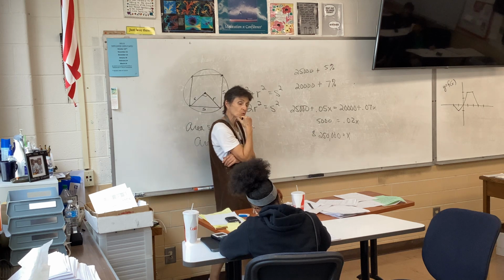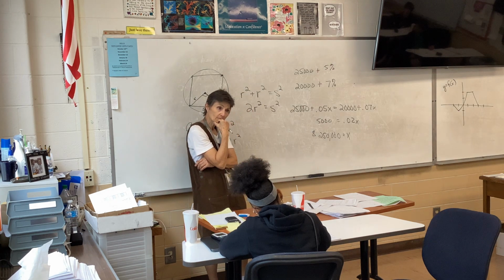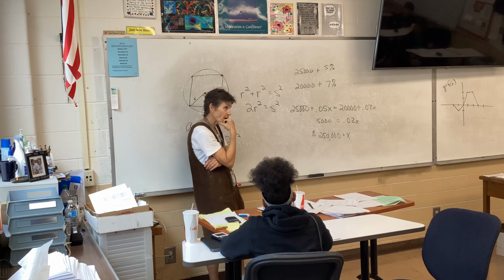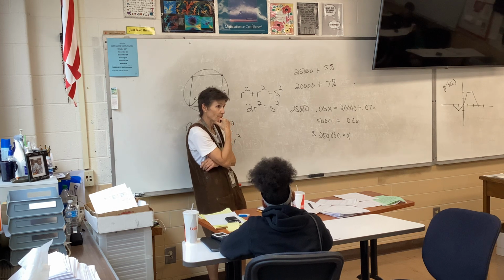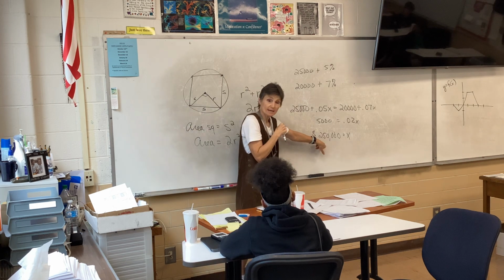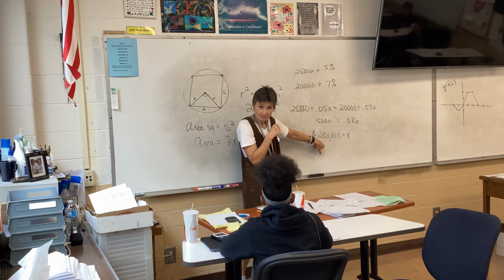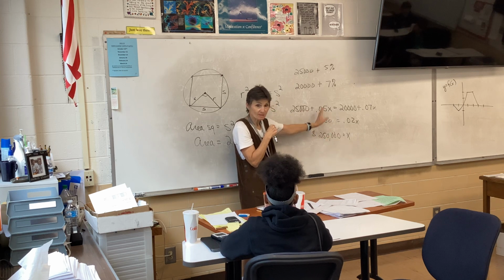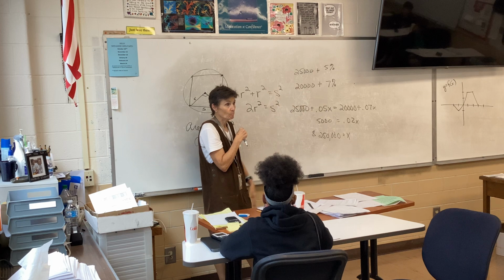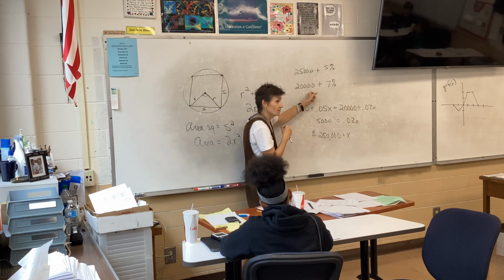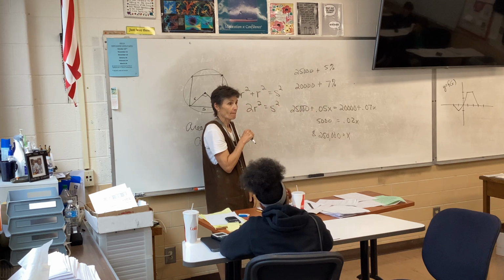So how much will she have to sell to make the second job offer more lucrative? More than 250,000. If she sells 250,000, they're the same. More than that, this will be the better deal. Everybody okay with that? All right, nice job, Katie.